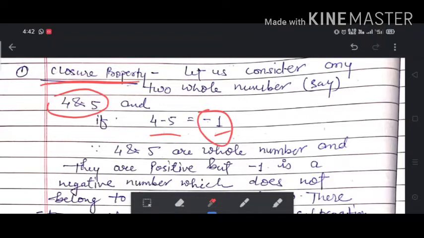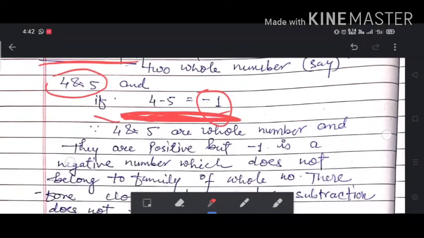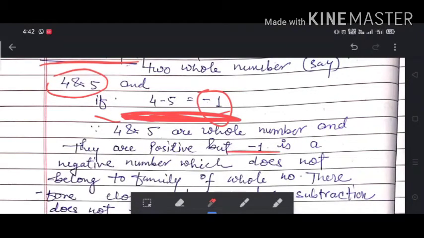From this statement we conclude that since 4 and 5 are whole numbers, and we know that all whole numbers are positive in nature, but minus 1 is a negative number, and in the family of whole numbers there are no members that are negative.